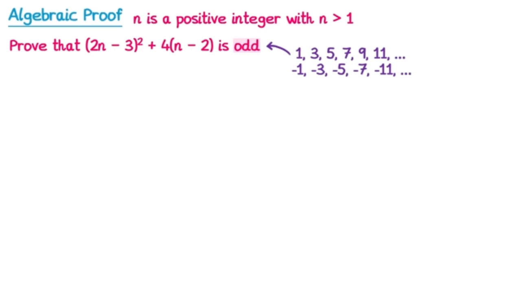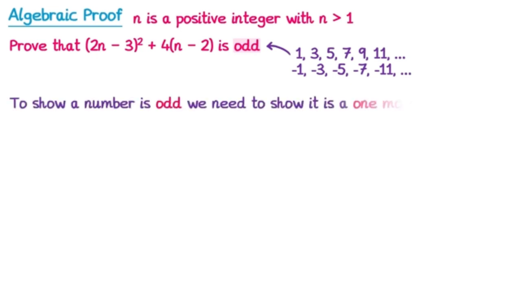For instance, the number 1 is one more than 0, which was even. The number 3 is one more than 2, which is even. The number 5 is one more than 4, which is even. So all odd numbers are just one more than an even number. So to show a number is odd, we need to show it is one more than an even.